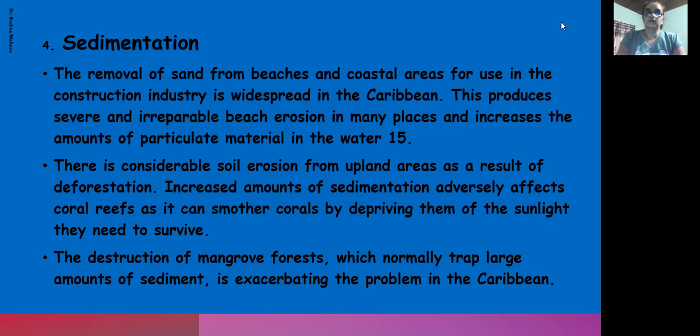When we have the destruction of mangrove forests for the construction of buildings and so on, that also poses a threat, because again, the mangroves would have normally trapped the large amount of sediments, but when you no longer have mangroves, it means that the sediment goes into the sea directly.